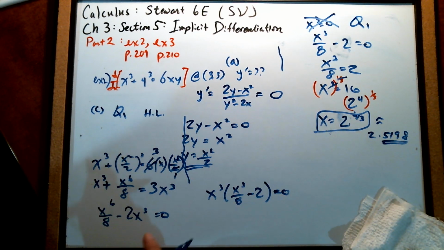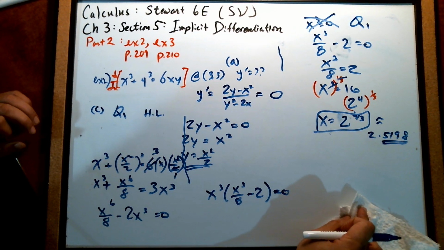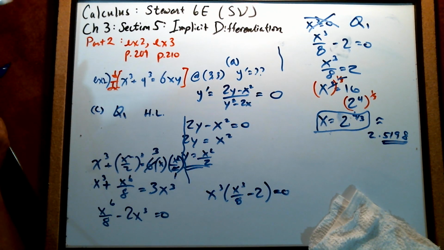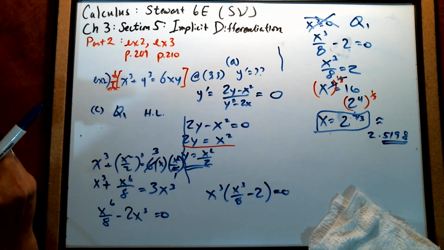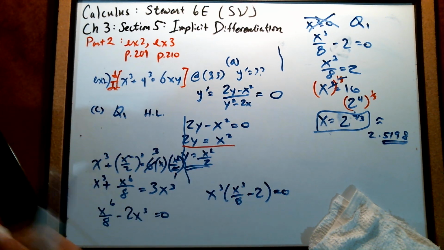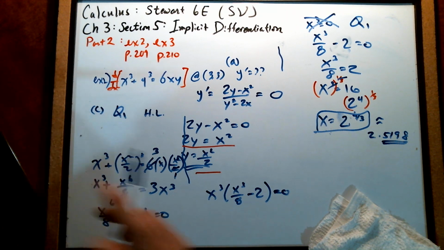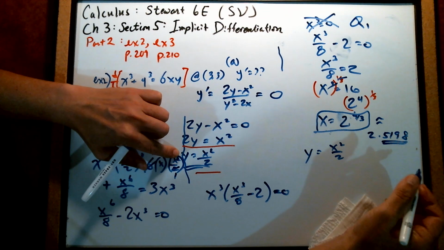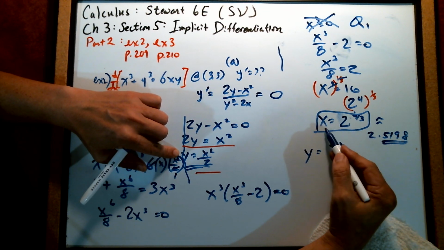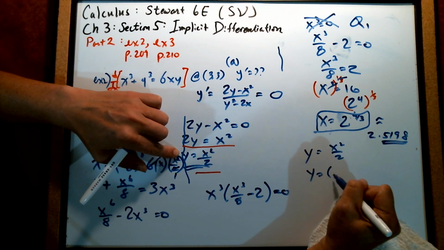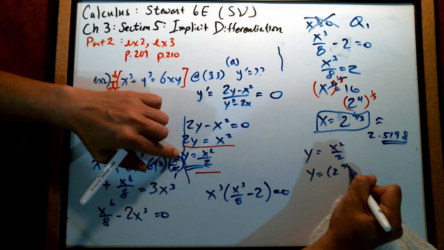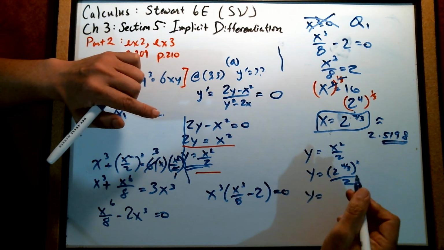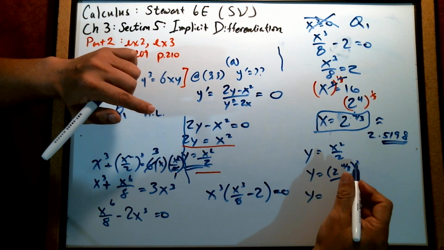And so how do you find the value of y? Well, since we know the relationship between x and y, which is located right over here, I'm going to underline this for you, y equals x squared over 2. And then we're going to plug in my x value. 2 to the 4/3 squared over 2. What's 2 to the 4/3 squared?